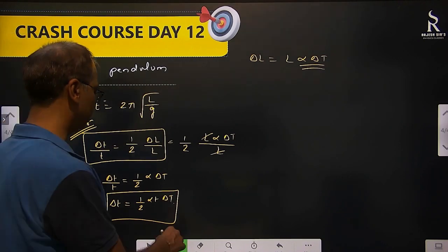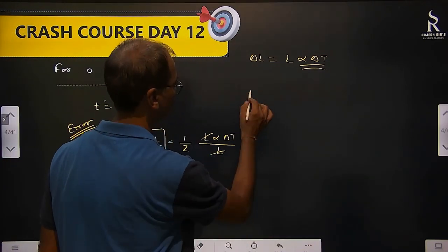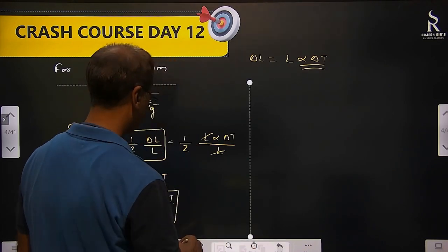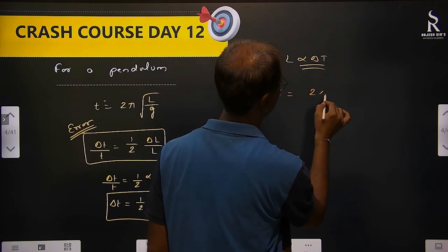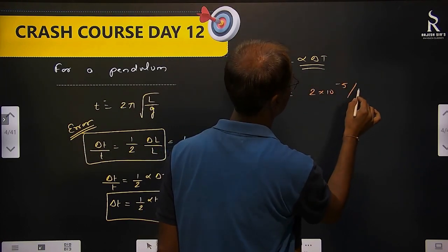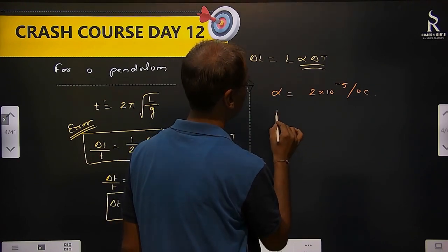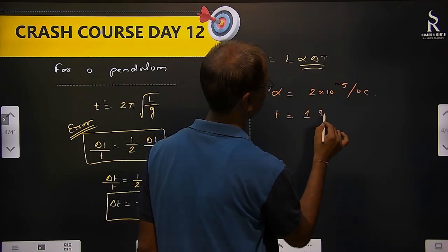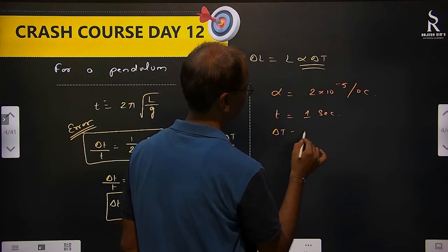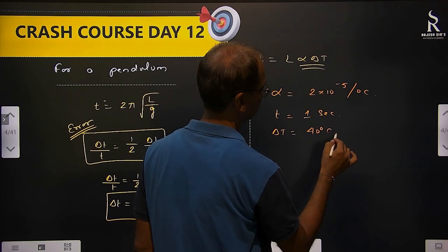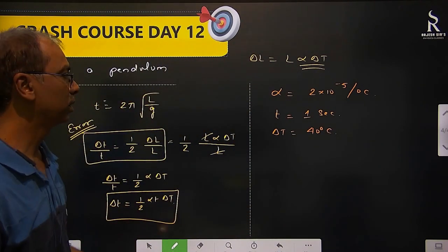Suppose I frame a question over here. Alpha value, let's say, is 2 into 10 to the power minus 5 per degree centigrade. The original time period is 1 second. And the increase in temperature, delta T, is, let's say, 40 degrees centigrade. So how much is the increase in the time period?